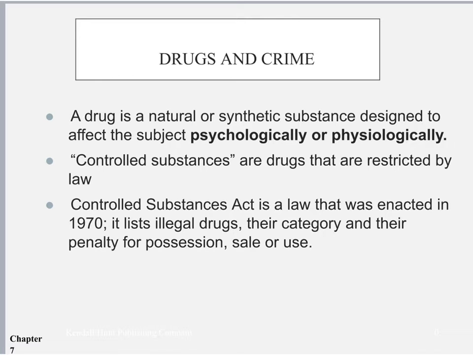Based upon those categories, they assigned whether there's a potential for high abuse or low abuse, if there's any medical use or no medical use, and also assigned a penalty if you were caught possessing the drug or trying to distribute it, to sell it.